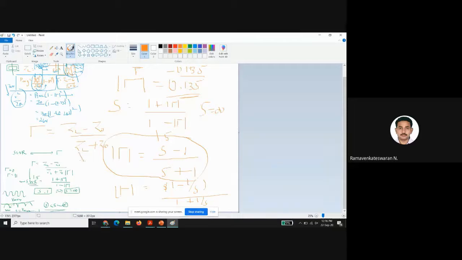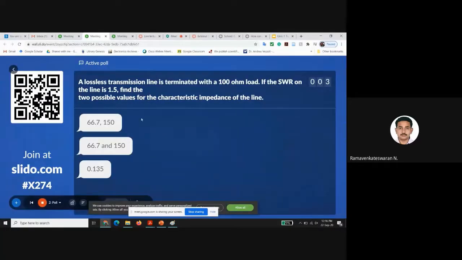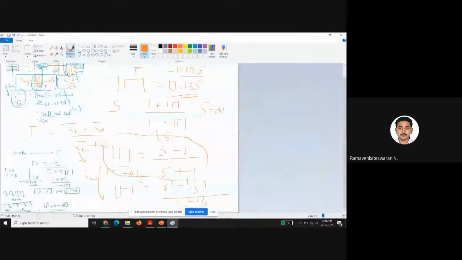You can take ZL outside, but I still need Z0, no? I need ZL. How to find ZL? Z0, the characteristic impedance, I am supposed to find. Gamma is there, 0.135, and I missed it.